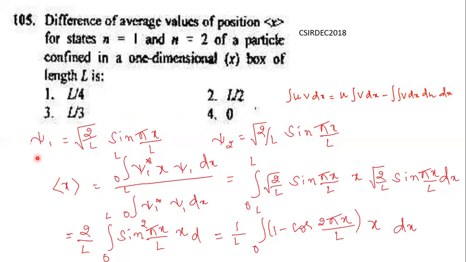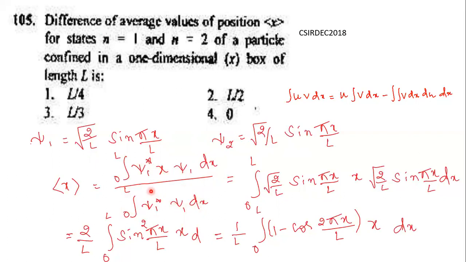So psi 1 now is written as root 2 by L sine 1 pi x by L, the same as sine pi x by L. This is the equation we will use to calculate the average value of position; for that matter, the average value of any observable is calculated using this equation. In this case, the average value of x is equal to the integration from 0 to L of psi 1 star x psi 1 dx, divided by the integration from 0 to L of psi 1 star psi 1 dx.